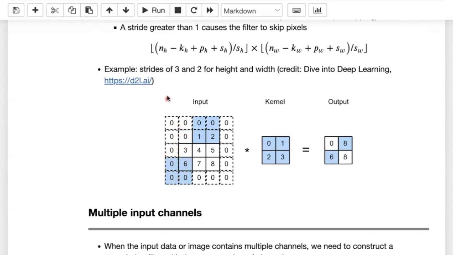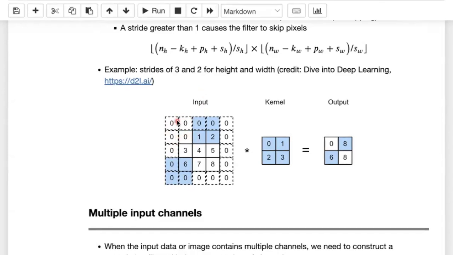And since we have a stride of 3, we'll directly come to this point, right? So that's why this one is blue. And then across the width, the stride is 2, right? So first we are here, and then we go 2 units to the right, which takes us here.